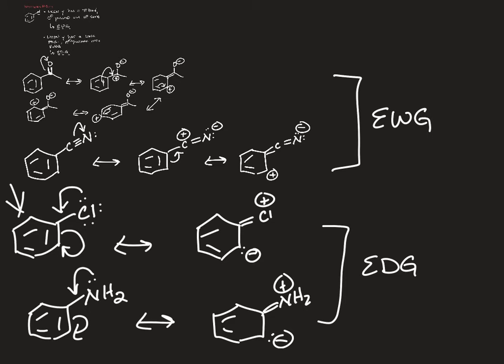With the resonance, it's putting electron density in. So when they go in opposite directions, typically resonance wins. The one big exception to that is the halogens, where halogens are considered electron withdrawing, because the electronegativity inductive effect is stronger.